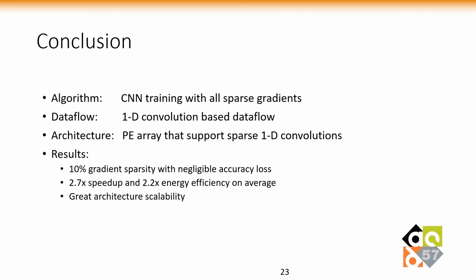With all the sparsity utilized, SparseTrain, our architecture, can achieve 90% gradient sparsity at most, with negligible accuracy loss. It also achieves 2.7 times speed up and 2.2 times more energy efficiency with great scalability.